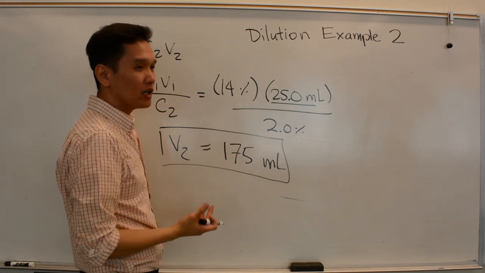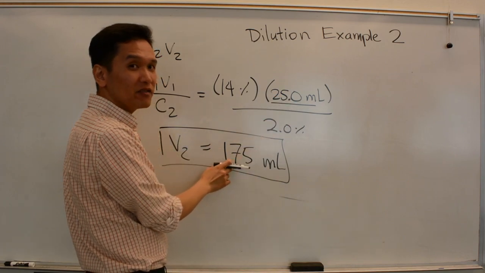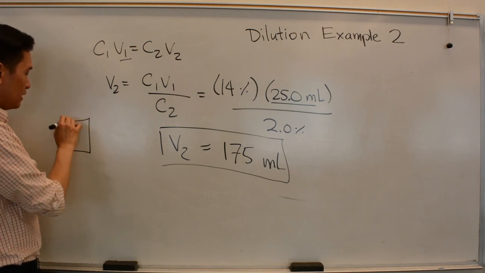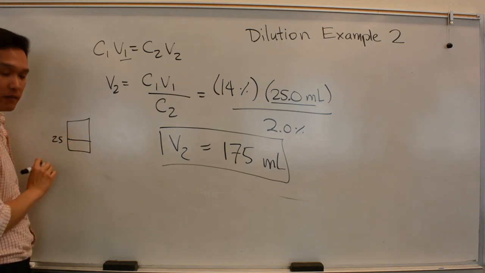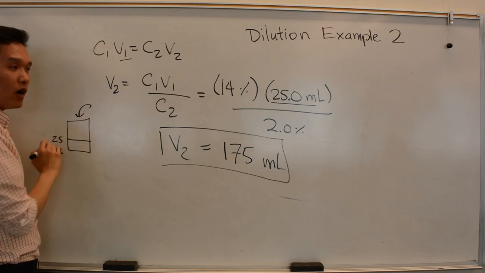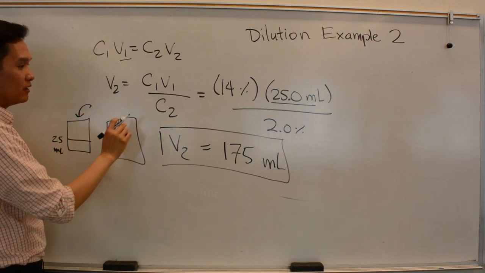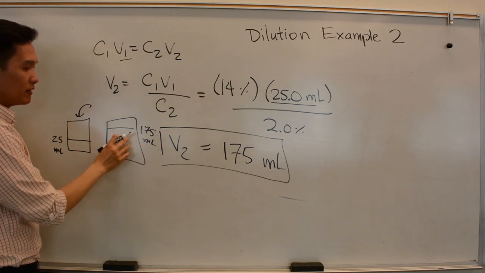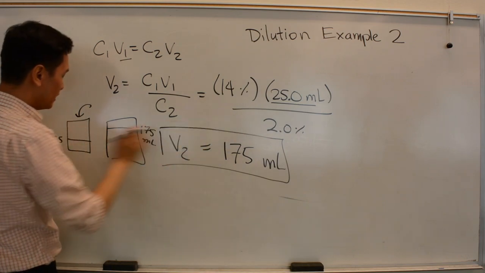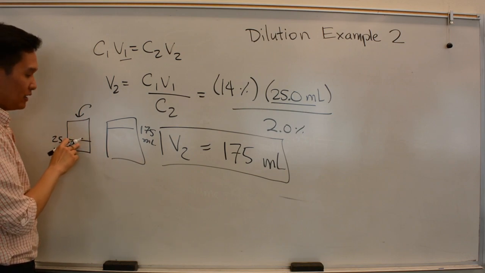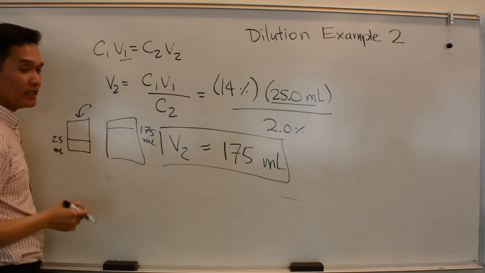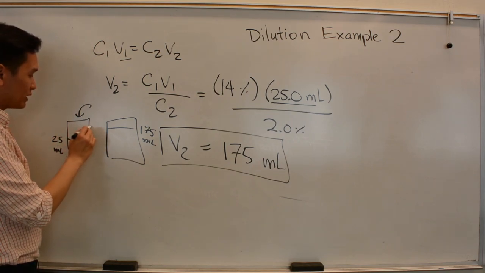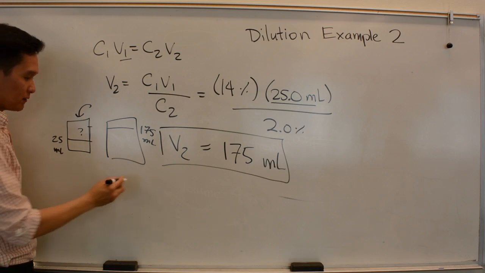So the question is, how much water do I need to add to get 175? So let me draw a picture out. Let's say you have 25 ml. You're going to add water in here until it is at 175 ml. At 175 ml, it would be that 2%. Before that, it was that 14%. The question is, how much water do I need to add? So if you're at 25 and you need to go to 175, how much is the water?